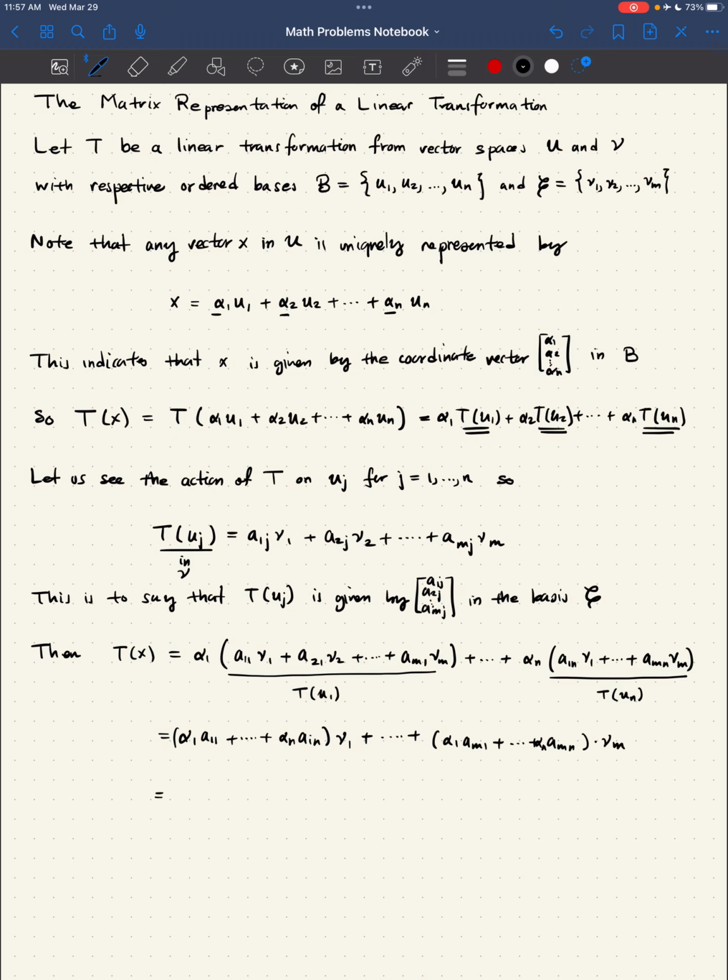Now I'm going to indicate this as a dot product. The dot product of what and what? It's going to be the row vector a11 up to a1n times the column vector alpha 1 up to alpha n, times v1, and then all the way up to am1 through amn times alpha 1 through alpha n, times vm.